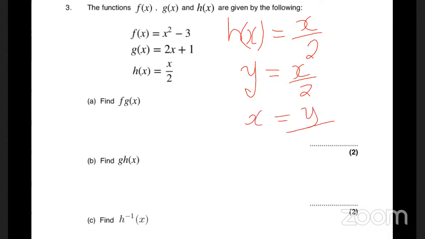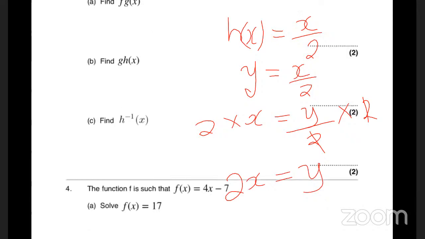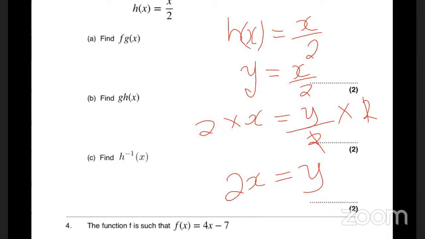We need to make y the subject, which means multiplying both sides by 2. 2 cancels 2. So we have 2x equals y. So h inverse of x equals 2x.